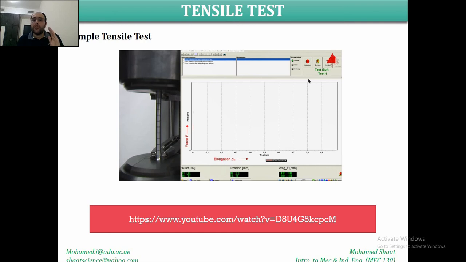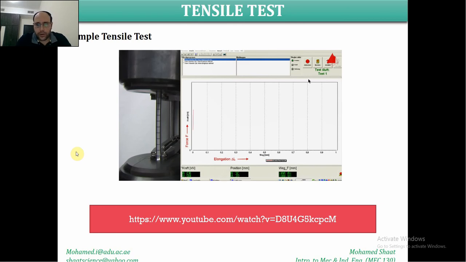To keep on elongating the material, we have to keep on increasing the force. As we keep increasing the force, the new length and the elongation keep increasing until we end up with a curve, till the material sample is completely fractured. So this is simply how the simple tensile test is done.